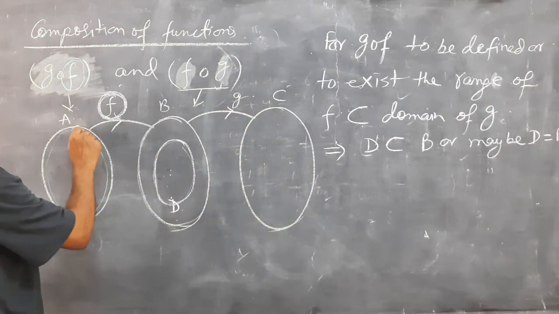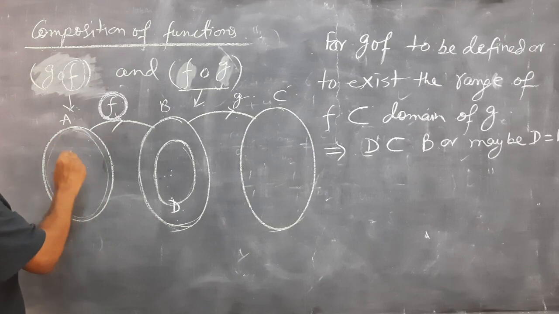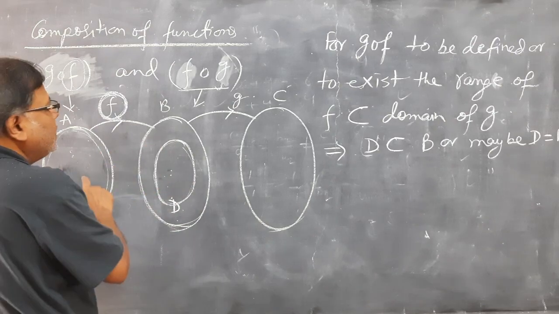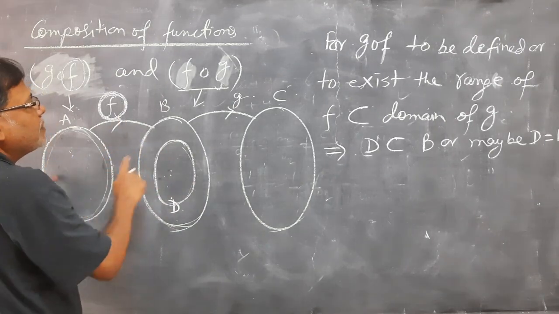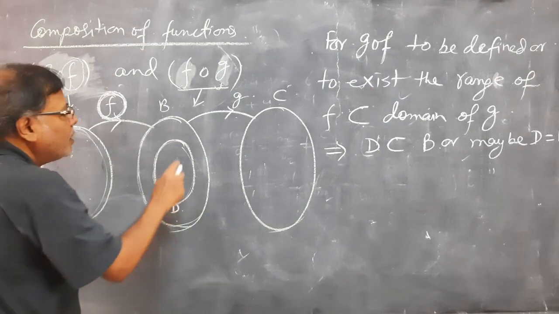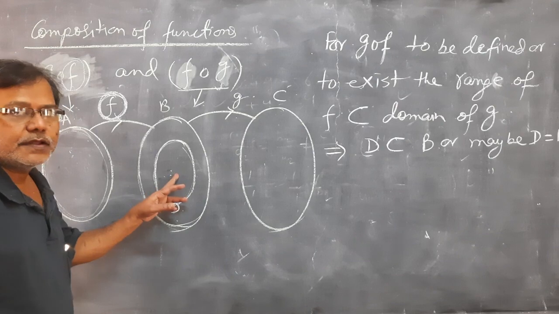Means whatever we get after reflecting all the elements of capital A, the elements of the range must lie either inside capital B, or this will be equal to capital B. So far I think it is clear to all of you.